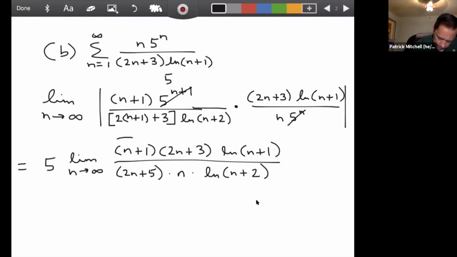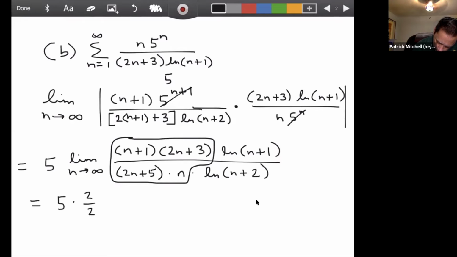This part of it is a rational function. Those are both polynomials of degree 2, and they both have leading coefficient 2. So the limit of that part is just going to be 2 over 2. So I'm going to write this as 5 times 2 over 2 times the limit as n approaches infinity of natural log n plus 1 over natural log n plus 2.